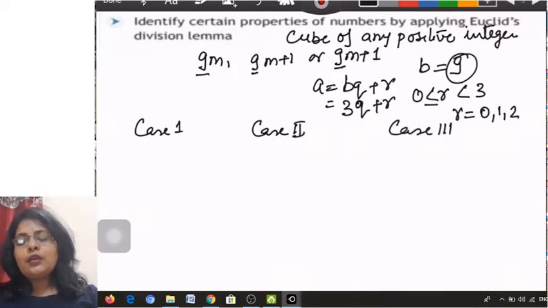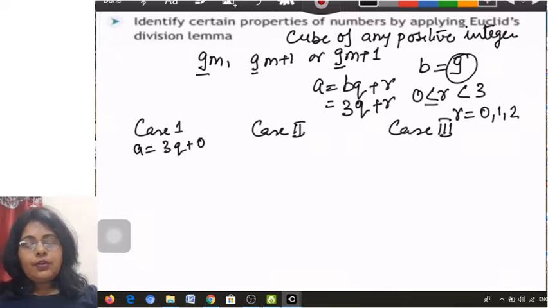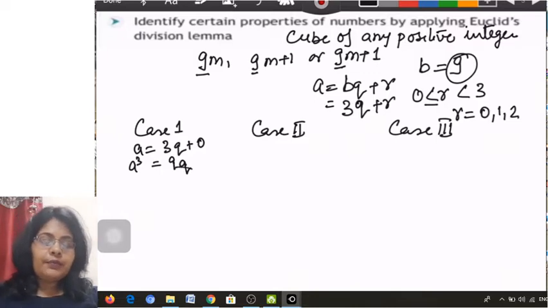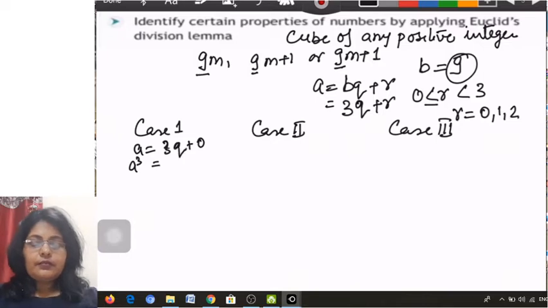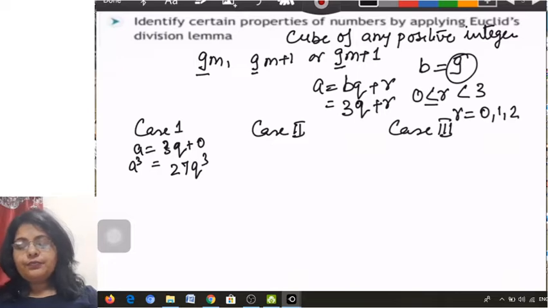What is case 1? Case 1 will be a equal to 3q plus 0, that is, a equal to 3q. And we will simply write a cube, which is 3q whole cube. 3 cube is 27, so a cube is 27q cube.